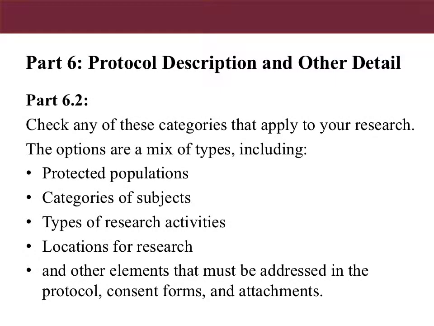Part 6.2. Check any of these categories that apply to your research. The options are a mix of types, including protected populations, categories of subjects, types of research activities, locations for research, and other elements that must be addressed in the protocol, consent forms, and attachments.